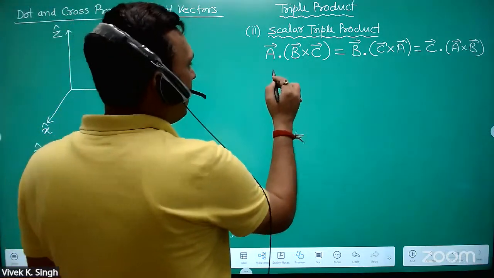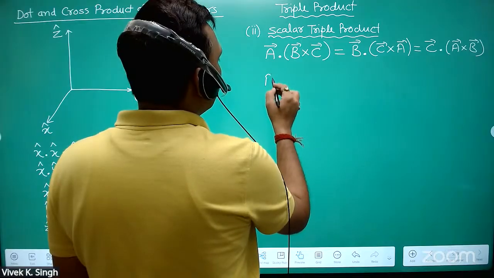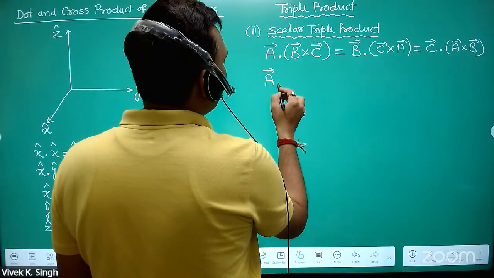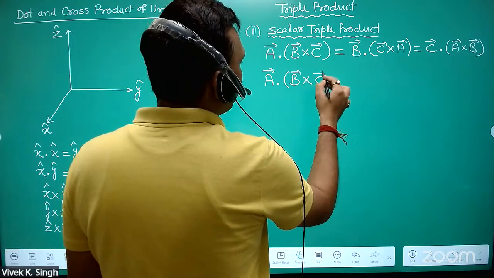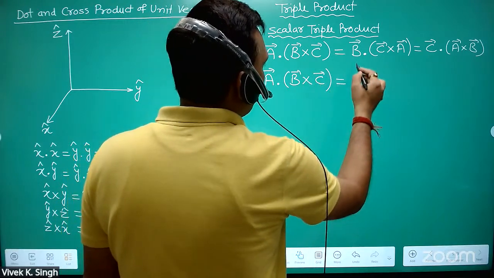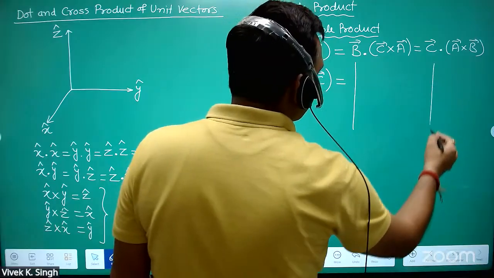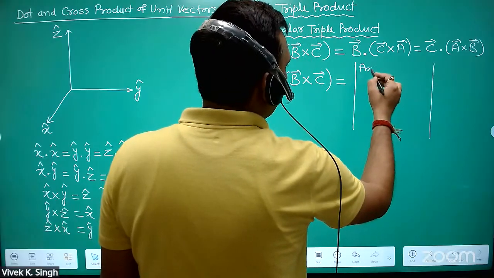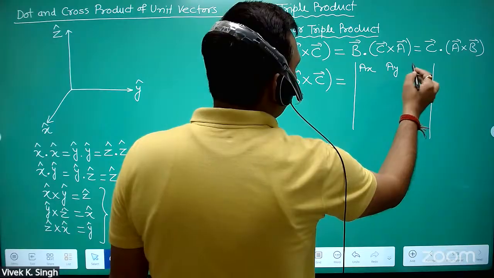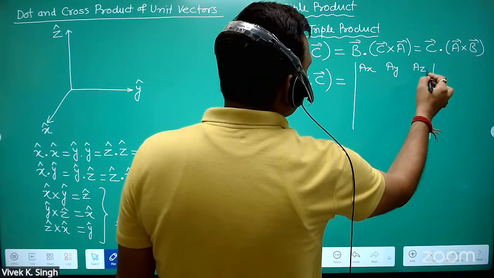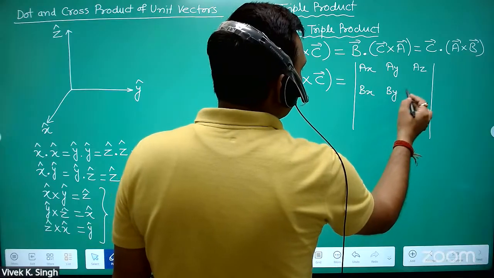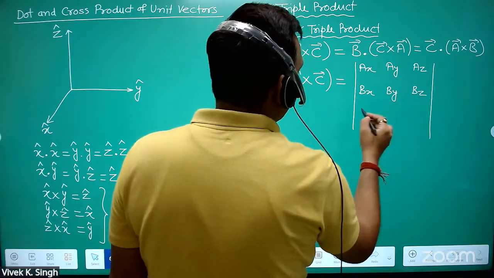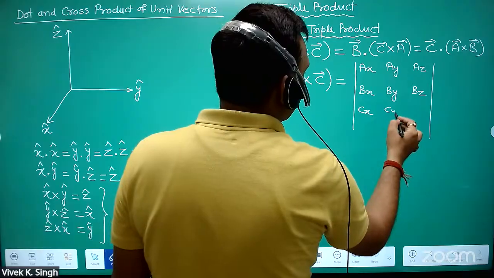And how to calculate it? This is given by A dot B cross C. If you write it in component form, you have to find this determinant value. Just write the value here: AX, AY, and AZ. You have BX, BY, BZ, and you have CX, CY, CZ.